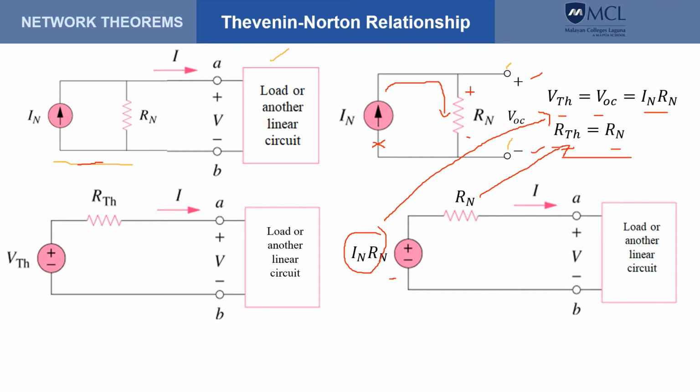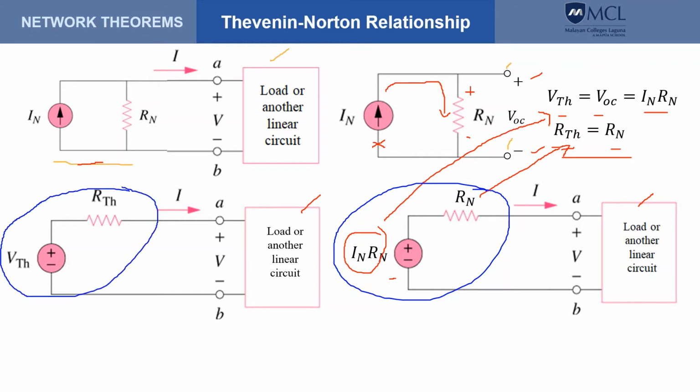Now, since these two circuits are the same, we can conclude that this part here must be this part here. So that means that the VTH here must be equal to this one, In Rn, and RTH equals R sub n, which is actually also this one.